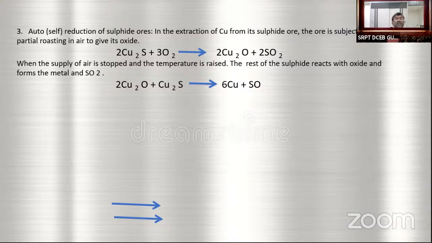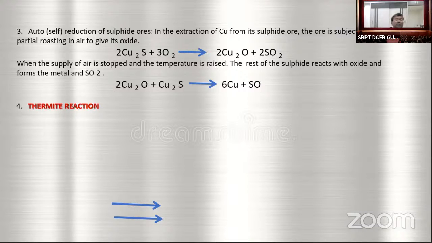Then the left out copper sulfide again reacts with the copper oxide. Then the reduction takes place. In this course, the copper is obtained. This is called self-reduction, because the reagent itself helps to reduce the copper oxide to the copper.